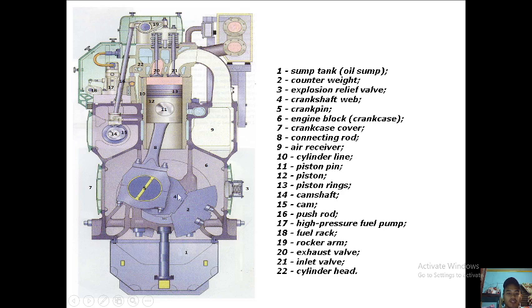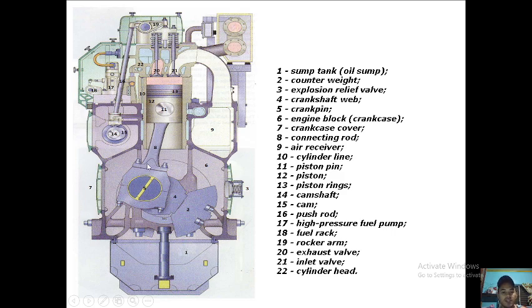Number 4 is the crank web. 5 is the crank pin. 6 is the engine block. Since this is a 4-stroke engine, we call this an engine block, or the crankcase. And then number 7 is the crankcase cover or crankcase door.